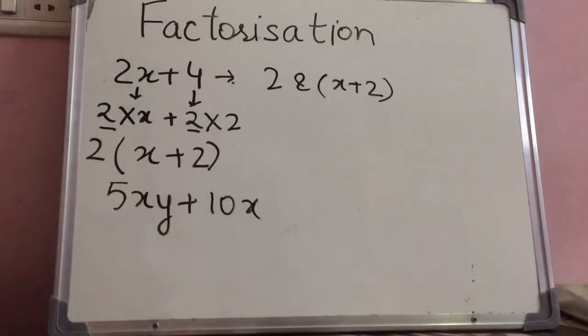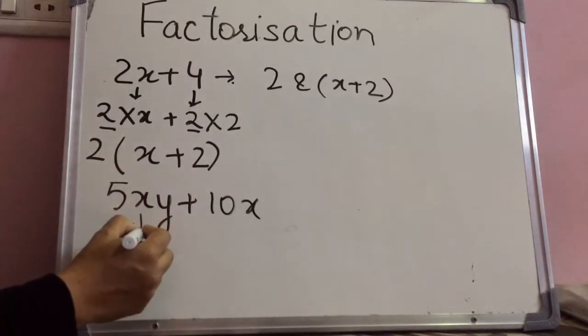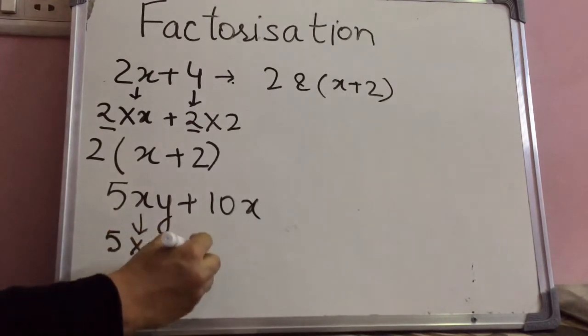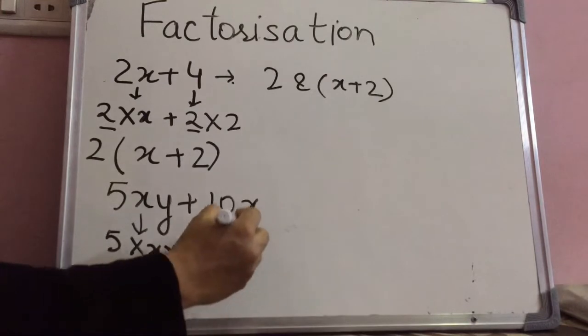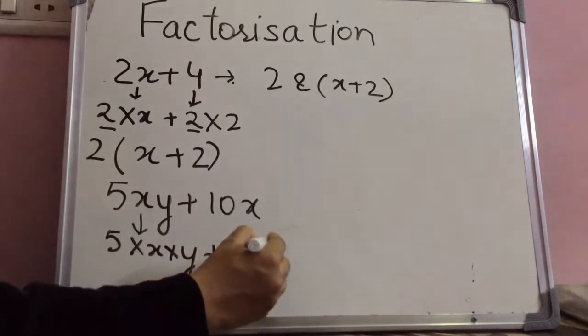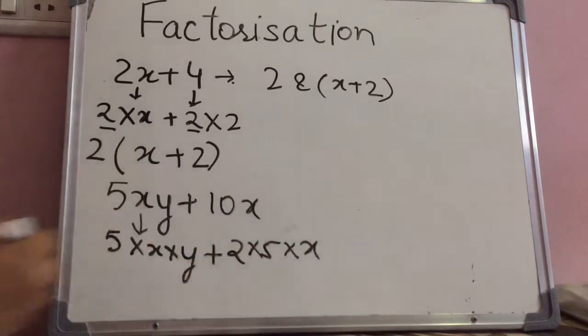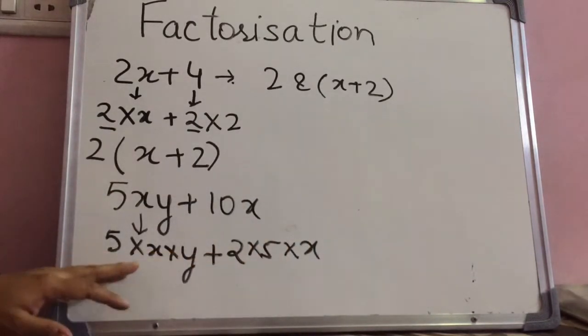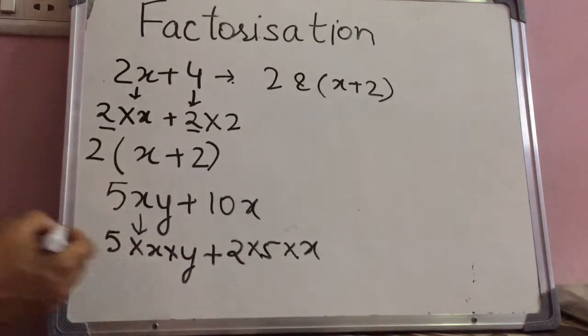If we have, suppose this example, what will be the factors of this term? It will be 5 into x into y plus factors of this 10x will be 2 into 5 into x. Now again what we will do, we will take out common factors from both of the terms. What are the common factors?